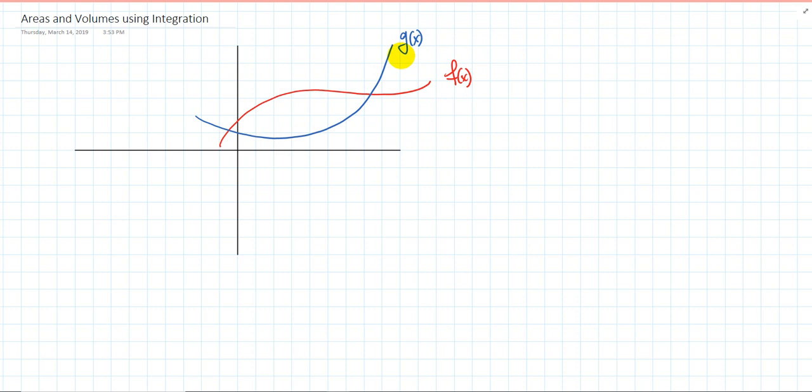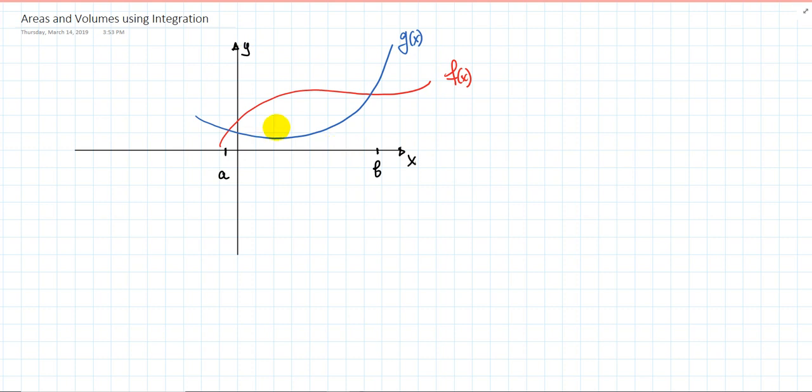What we need to integrate? We need to integrate the difference between the f and the g, right? So x changes from this a to this b. This is how the x changes. This is the y, okay?